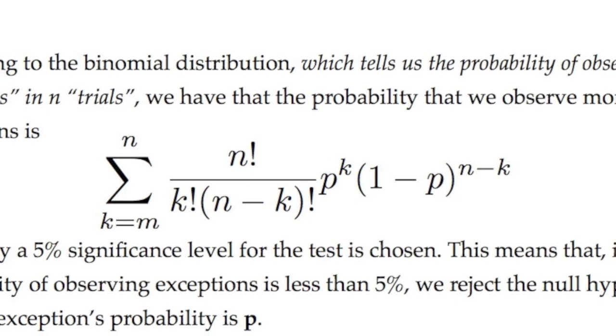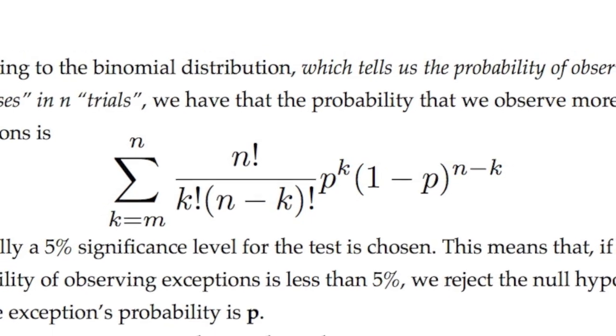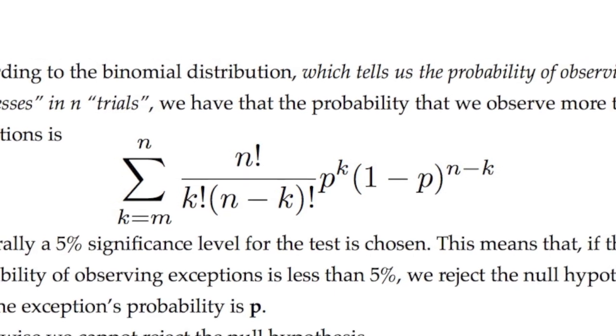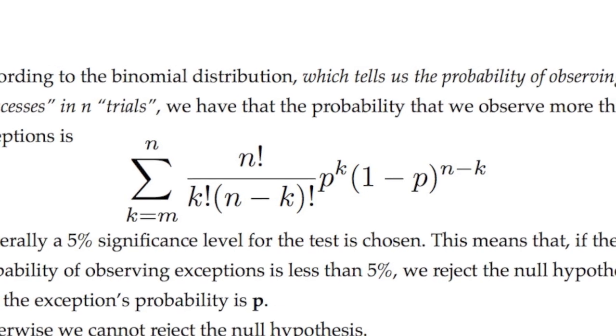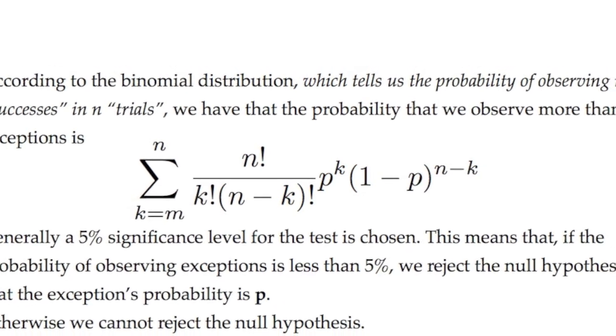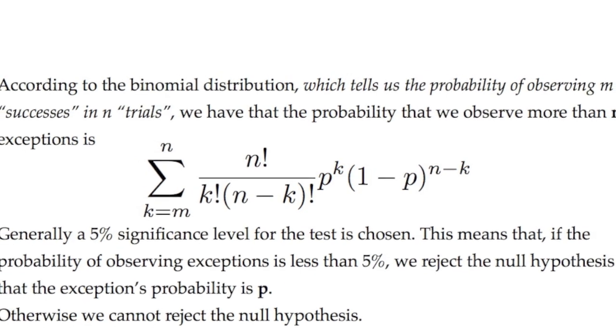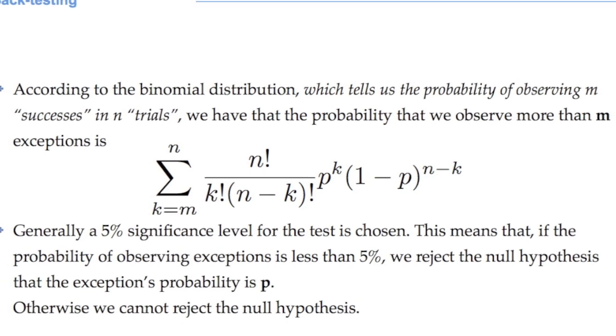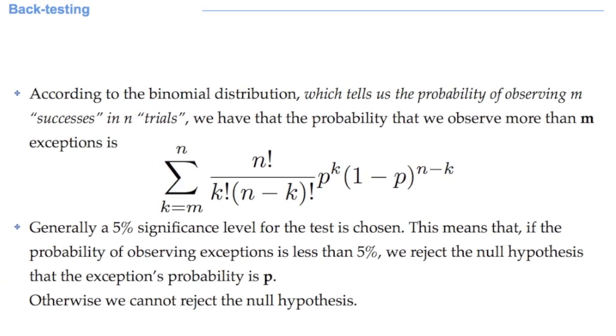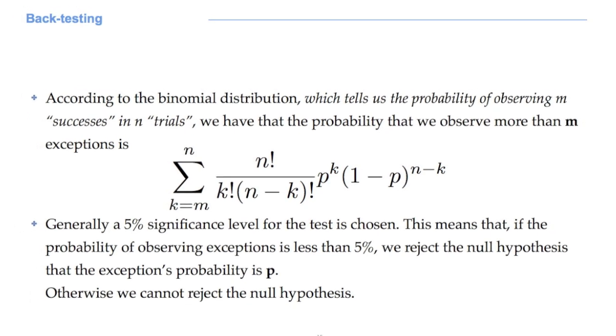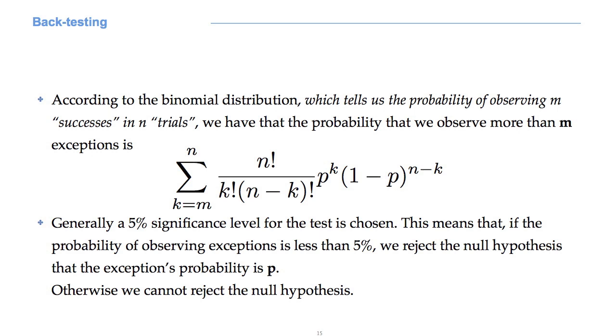If this probability is smaller than the chosen significance level, we reject the null hypothesis that our value at risk is okay, thus rejecting the VaR. If the probability is greater than the significance level, the value at risk appears to be okay. Notice that this is true if we test about the underestimation of value at risk. In the case of overestimation, we are interested in the left tail, but the philosophy is the same.